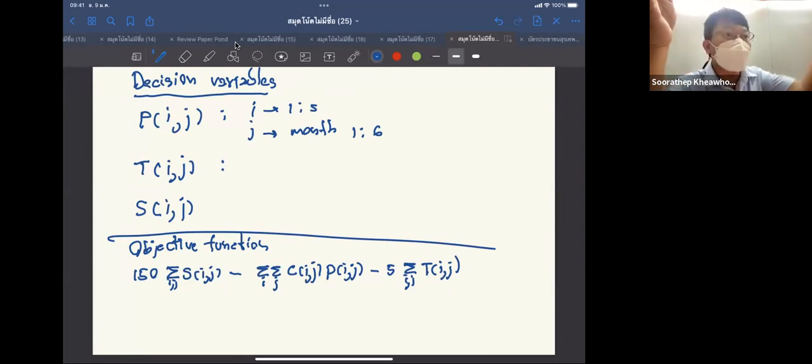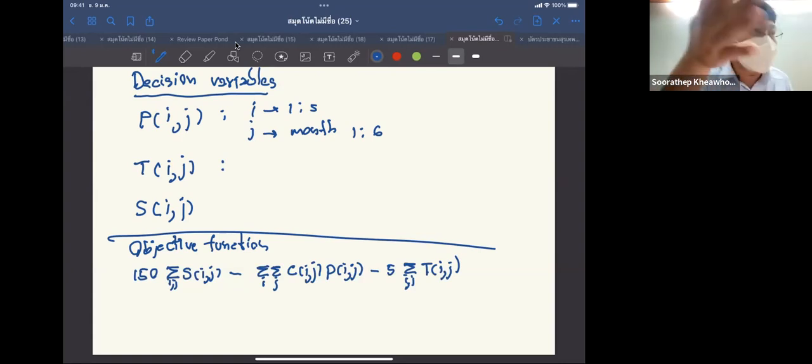It's already there at the beginning of the month. So you don't pay any storage for it. It should be T2, because T2 is the amount of oil stored at the beginning of the second month. That means that amount of oil was already stored for 1 month.